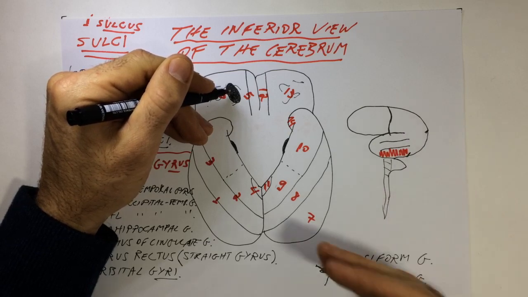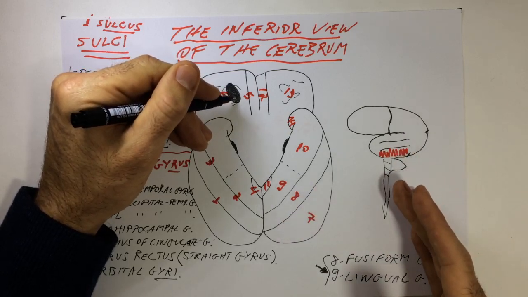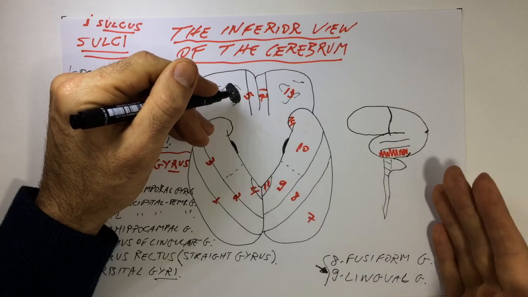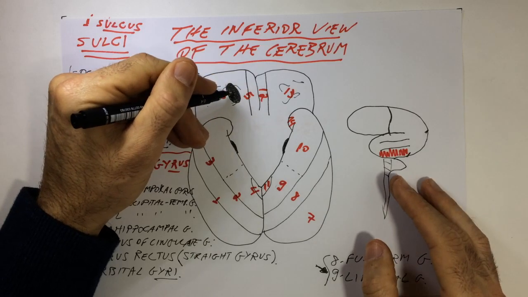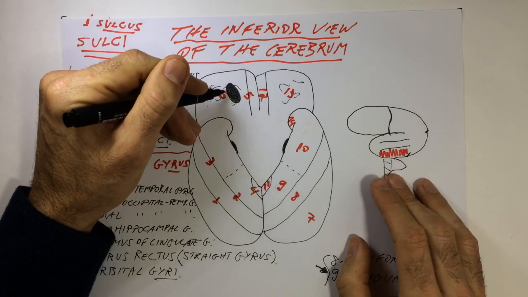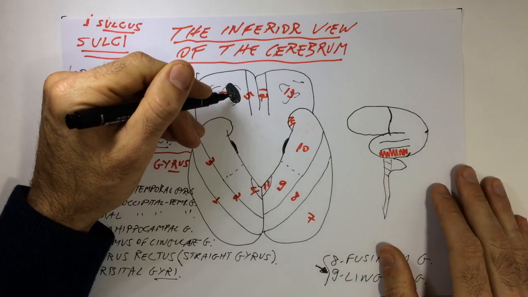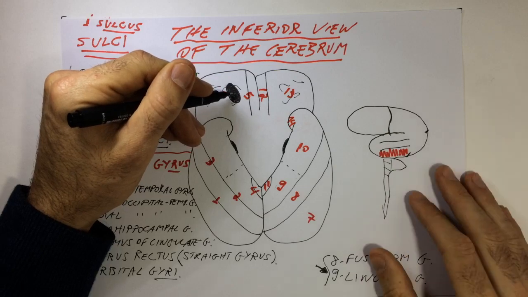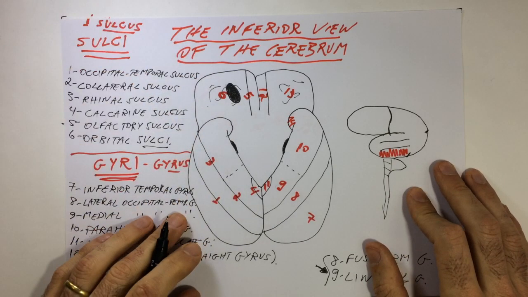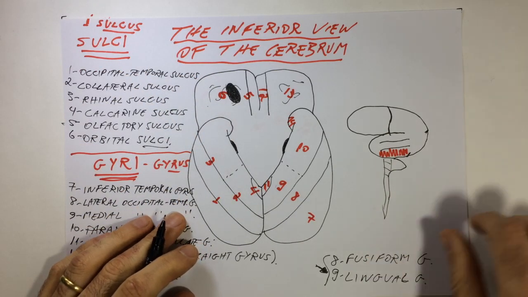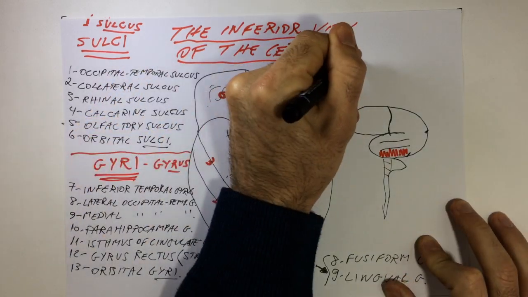We can also call the function of this structure impulse control. Of course, if you damage this area, you're going to have a very hard time controlling your impulses or inhibiting this automatic behavior. So that would be one of the functions of this area.